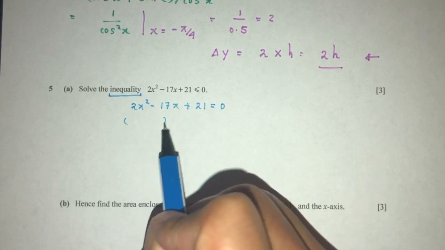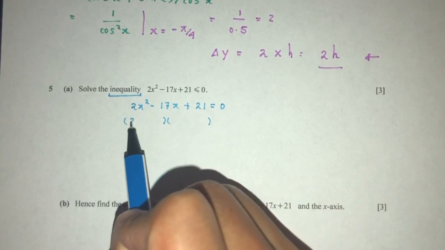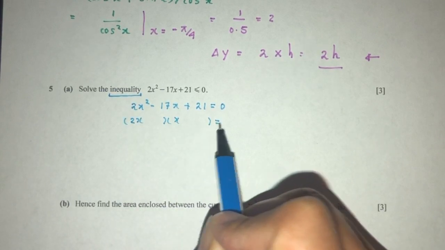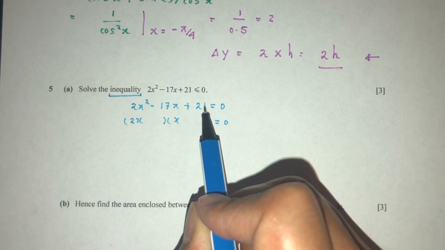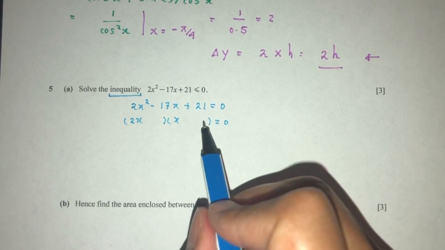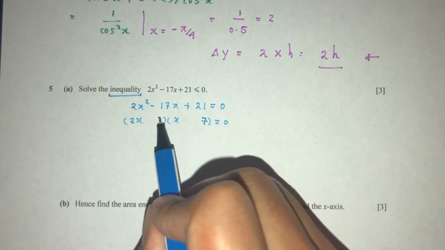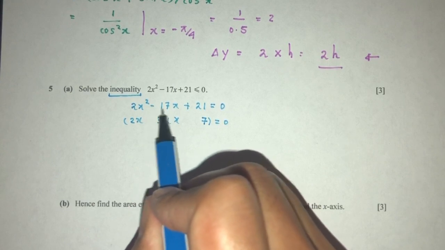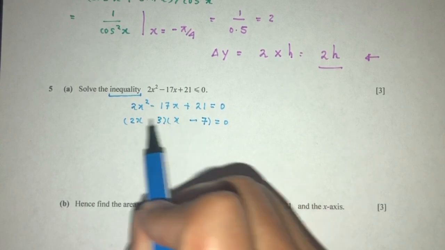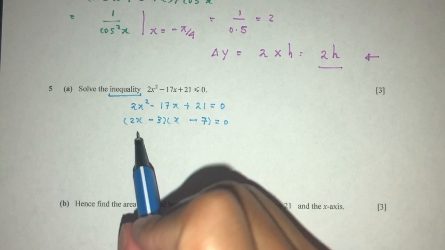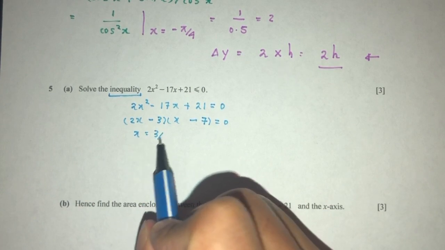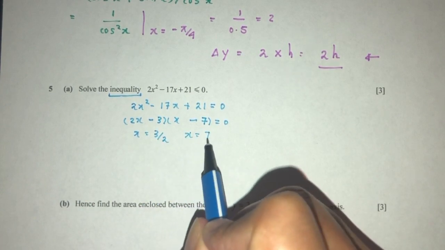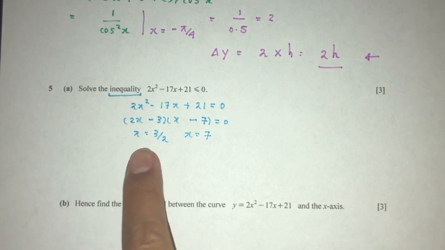Let's first find the critical values. That will be 2x times x. 21 is 3 times 7. So if you have 7 here and 3 here, we have to have minus 17. That will be minus 14 minus 3 to get minus 17. So x will be 3 over 2. x will be 7. Now these are the critical values of x.